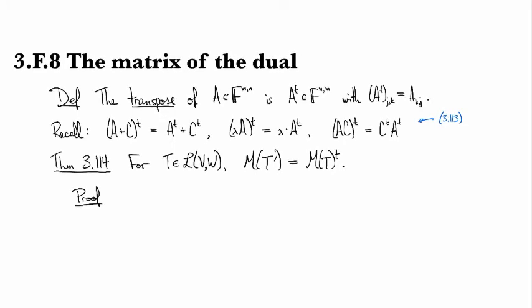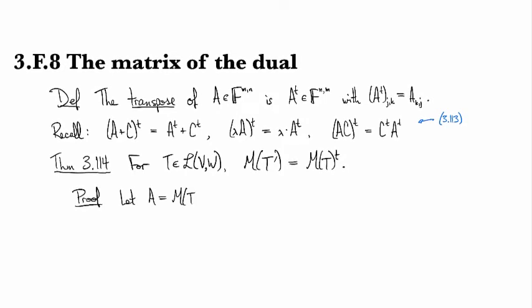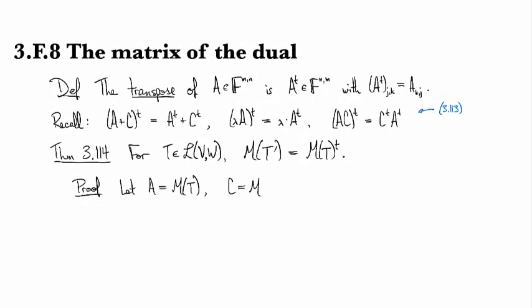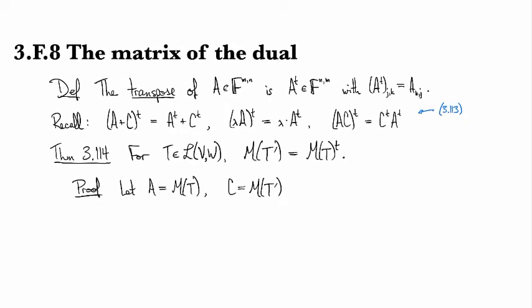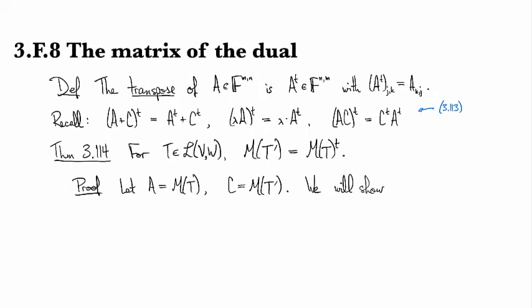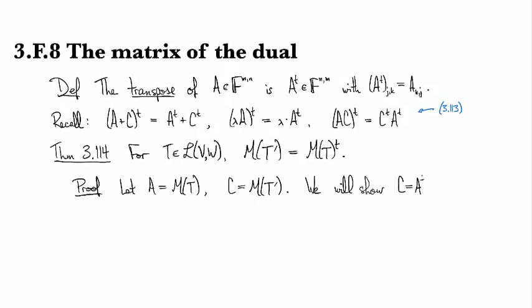So how do we see this? Well, let's take A to be the matrix of T, and let's take C to be the matrix of the dual. Then we need to show that C is equal to A transpose.